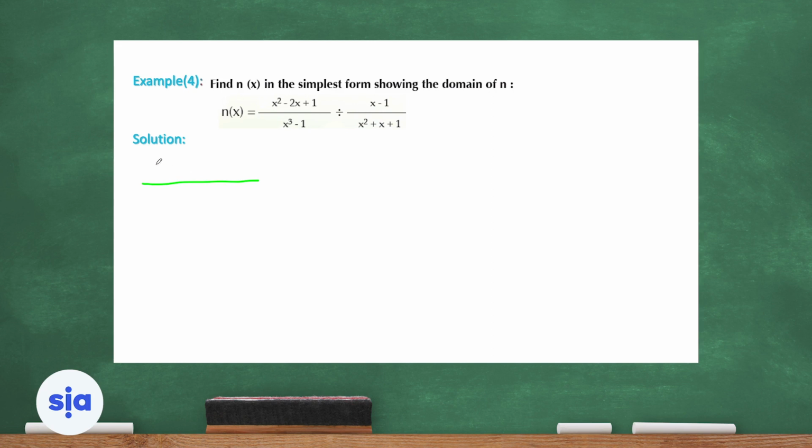Yes, it can be factored as x minus 1 squared. And the denominator, it's x minus 1 multiplied by x squared plus x plus 1, divided by x minus 1, and this one cannot be factored more.